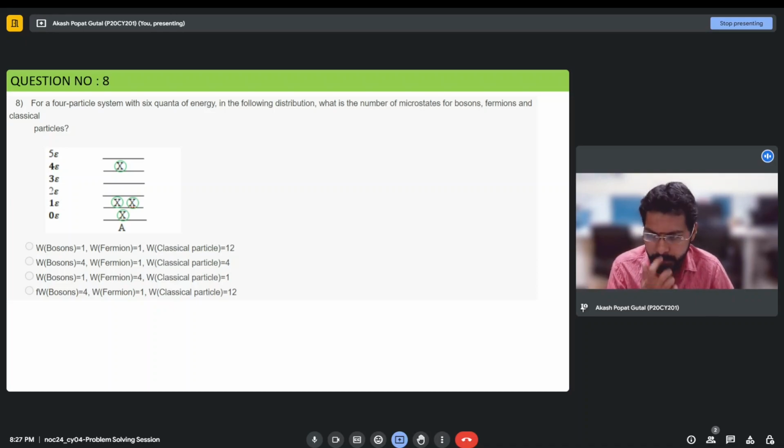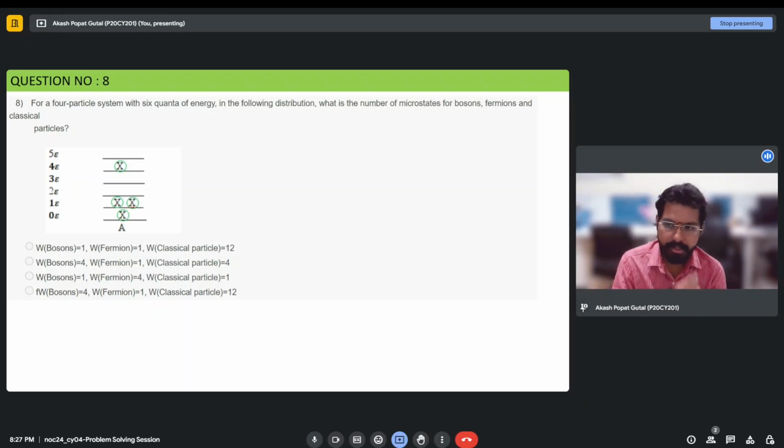If you consider the bosons, bosons are indistinguishable particles, and they can occupy the same energy level. Many bosons can occupy the same energy level.